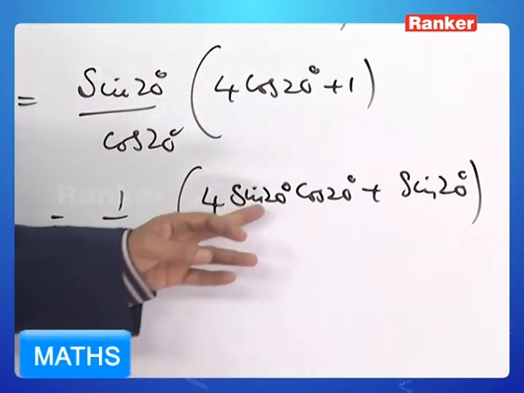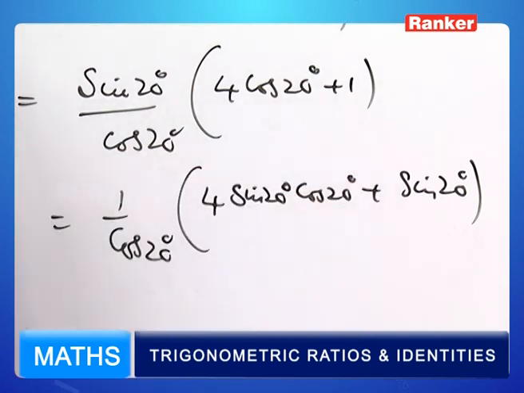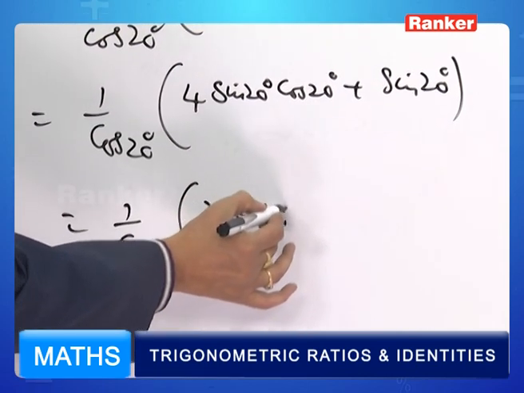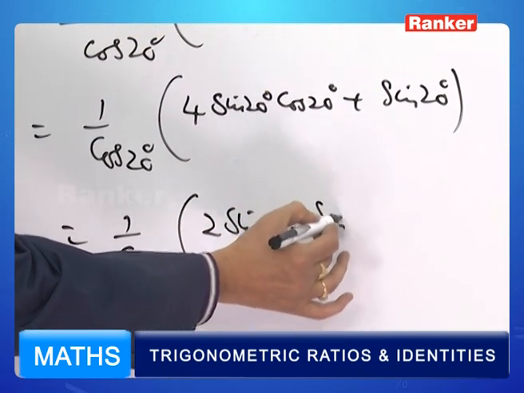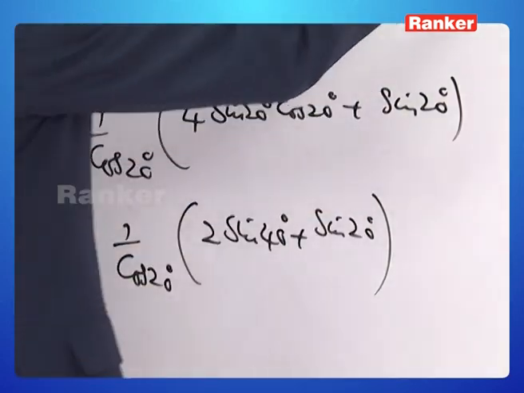Well, my dear, 2 sin theta cos theta is sin 2 theta, but here it is 4 sin theta cos theta. So it is 2 sin 2 theta. That is 1 by cos 20 degrees into 2 sin 40 degrees plus sin 20 degrees, right?